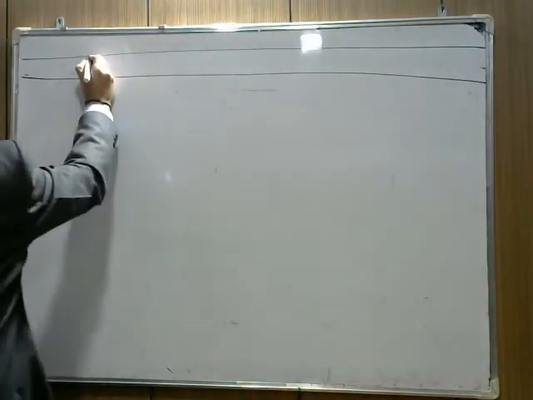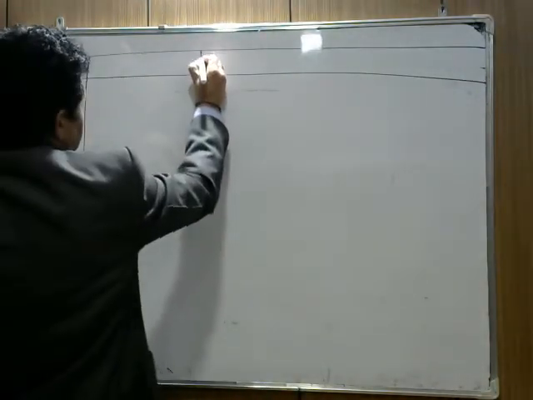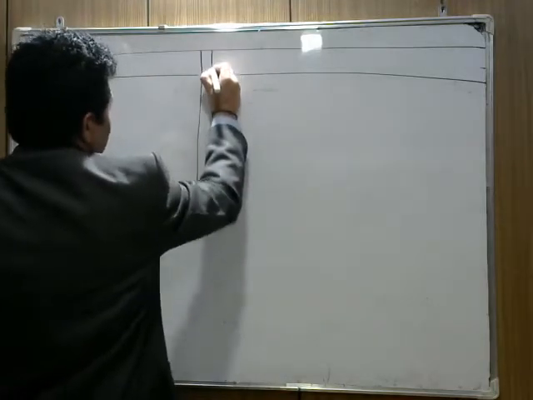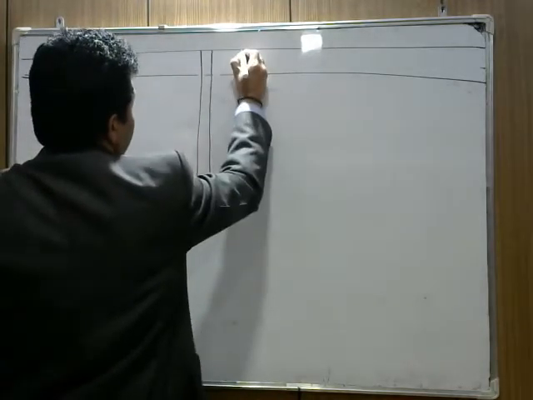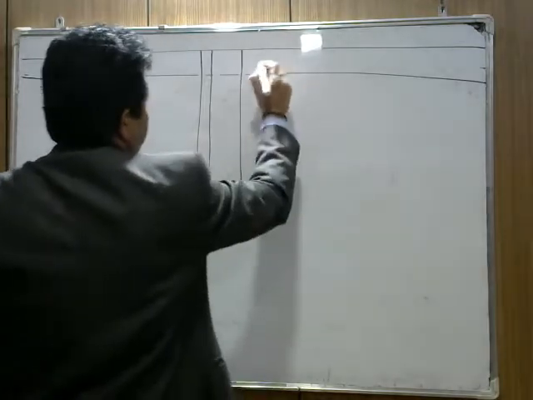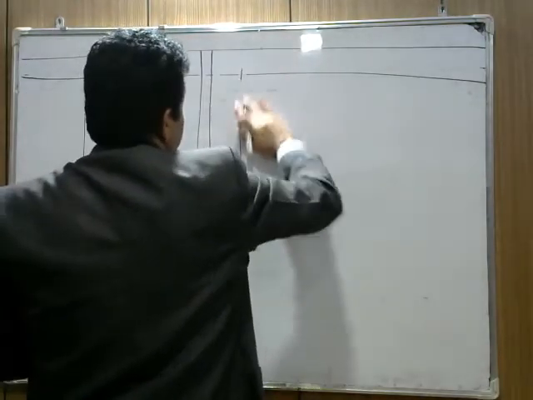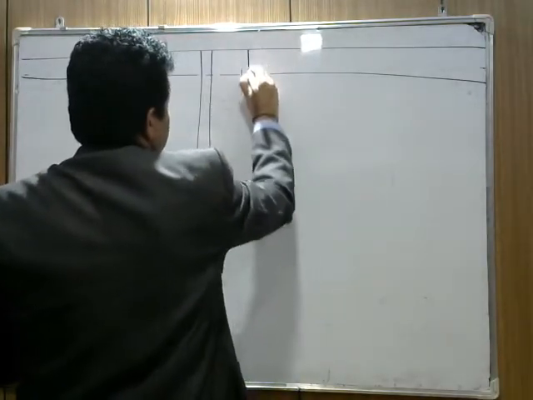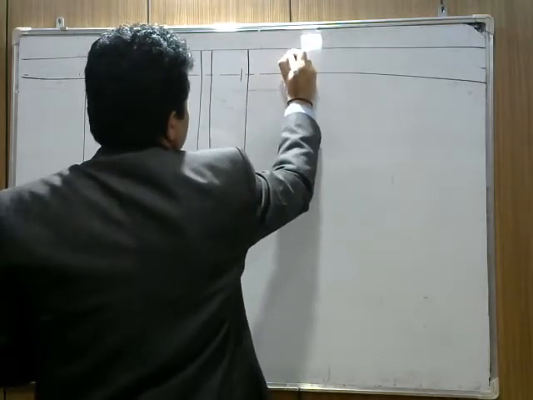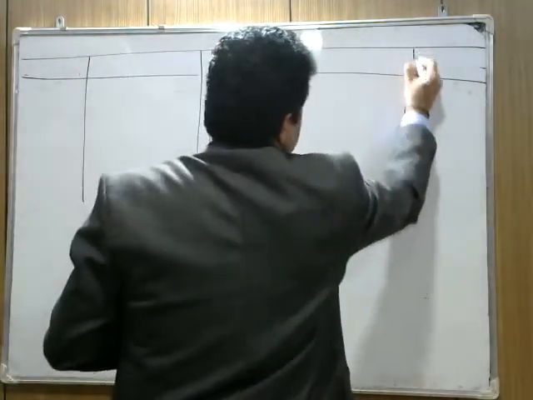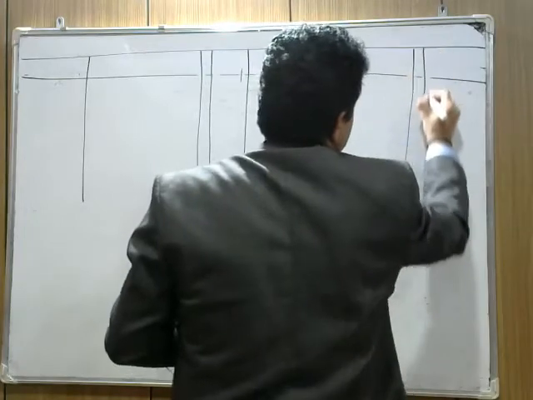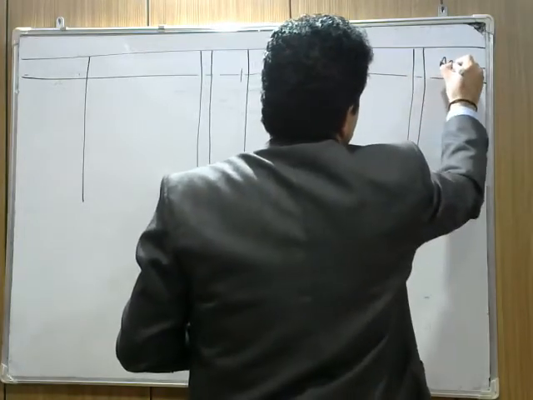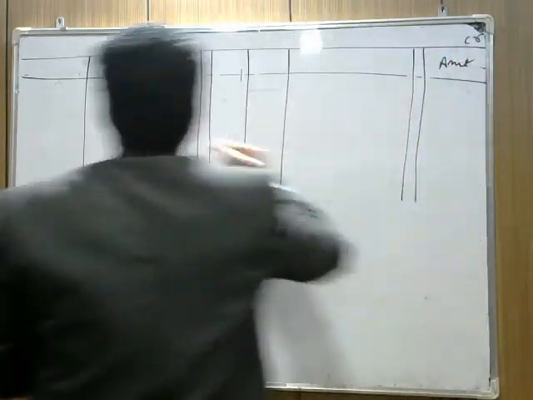This one is date. Now we write particulars. Then we write the column of JF, which is called general folio. Cash, we call amount. Again we write date, particulars, and the column of JF, and then amount. And this side, you know, that's the credit side.